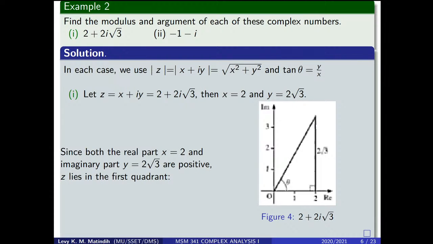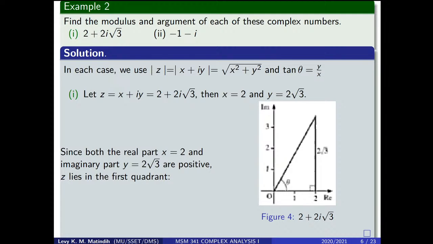Now let's look at example number 2, which involves finding the modulus and the argument of a given complex number. We have not said the principal value of the argument, we are just saying the argument of a given complex number.